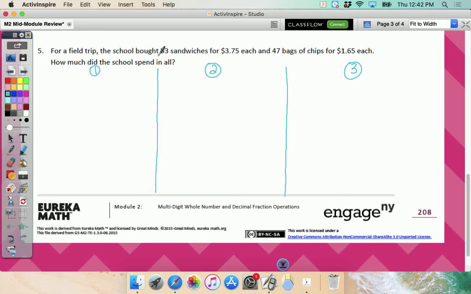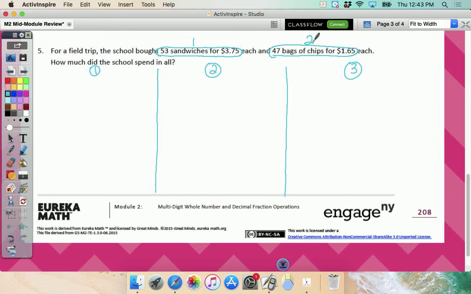Now, the 53 sandwiches goes together with the 3.75. So circle that and put a 1. That's your first step. And the 47 bags of chips goes with the $1.65. What should we put above that? A 2. That's your second step.